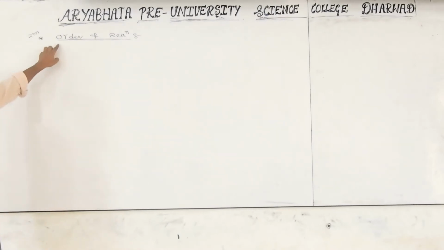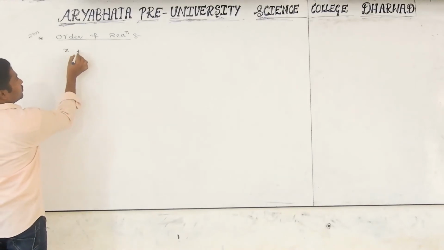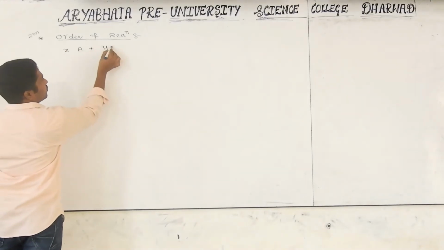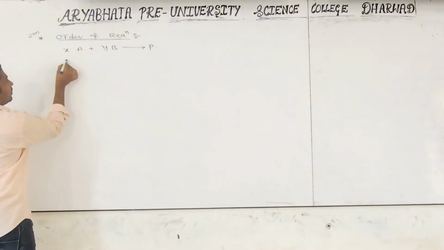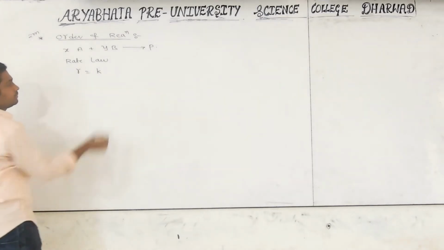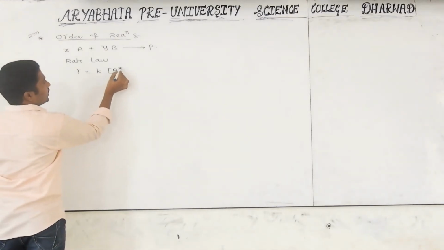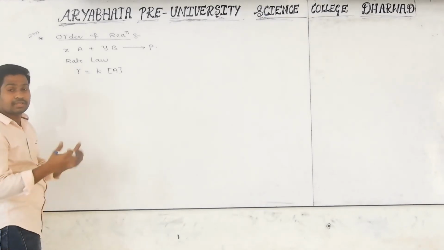The next concept, very important for 2 marks, is the order of the reaction. What is the meaning of order of the reaction? Let's discuss carefully. For example, you have a chemical reaction, X moles of A and Y moles of B give rise to products. Apply the rate law. According to the rate law, the rate equation is R equals rate constant into concentration of A power X. We can't say that X will come, because we can't tell whether it is elementary or complex.